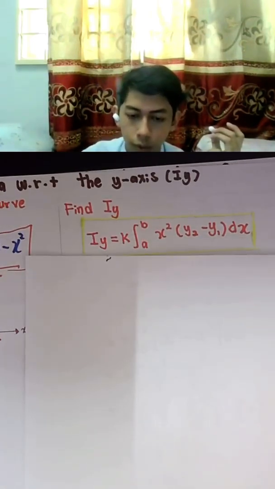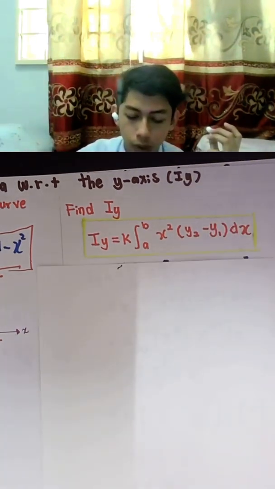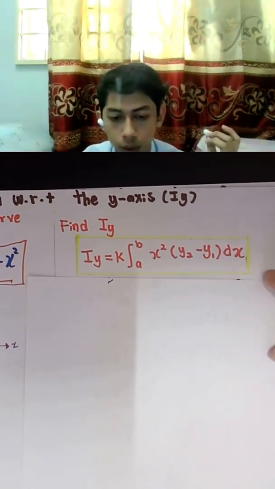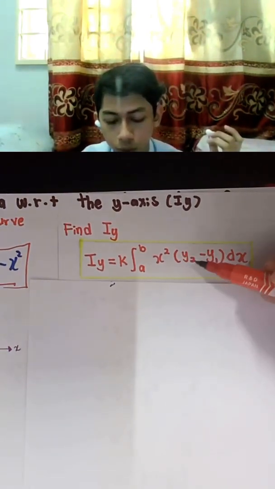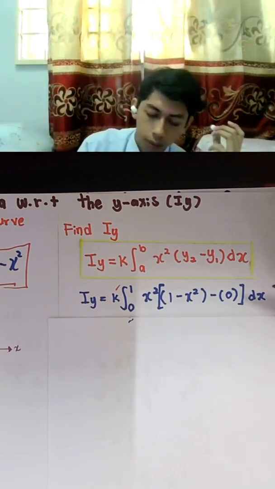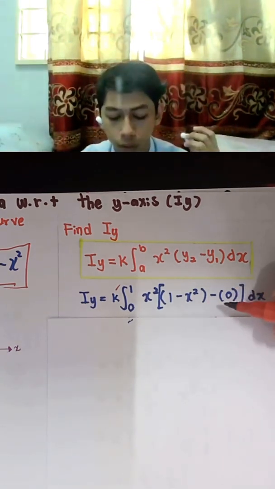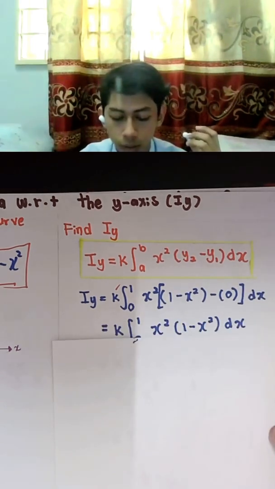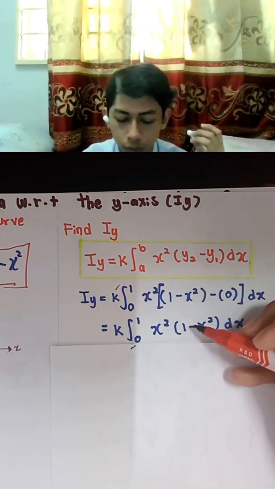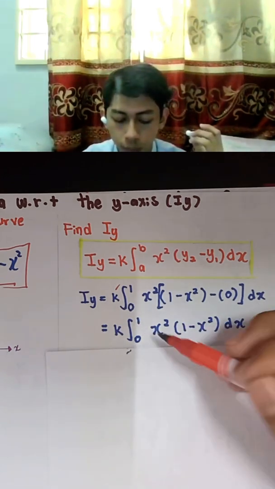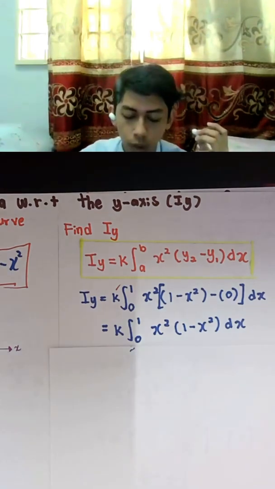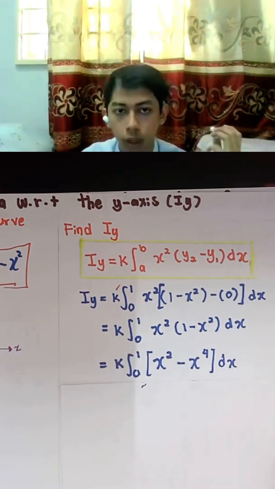For the calculation, this is our formula from before: Iy equals k, a constant, times the integral from a to b of x squared times (y2 minus y1) dx. After we substitute all the values, we get k times the integral from 0 to 1 of x squared times (1 minus x squared) dx. k is a constant, so we can put it outside the integration.